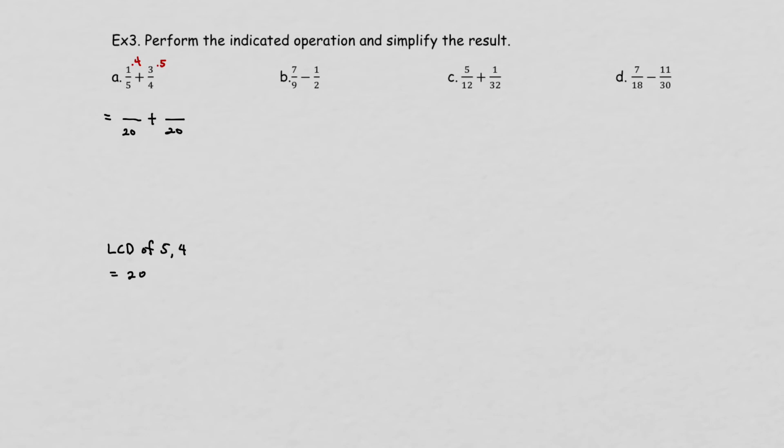Then you're going to end up getting 1 times 4, 3 times 5, 15. So this is how you're going to make equivalent fractions. So 1 over 5 is equivalent to 4 over 20. Once you have the same denominator, just add the numerators. So that gives you 19 over 20.